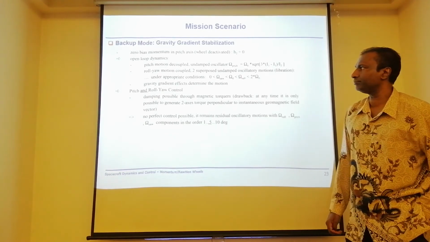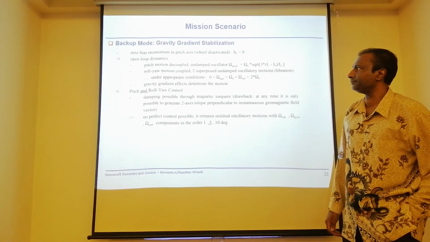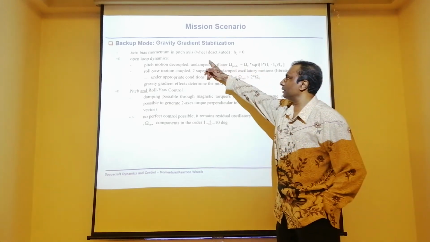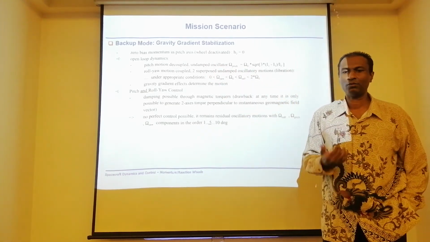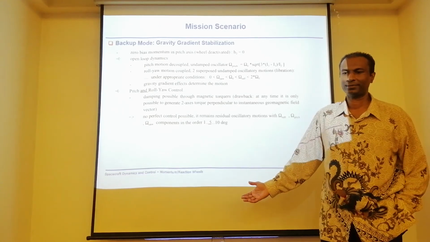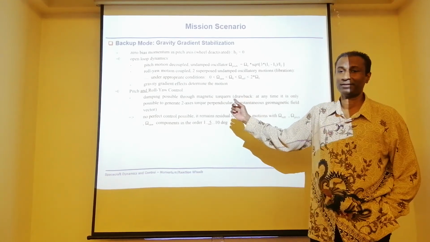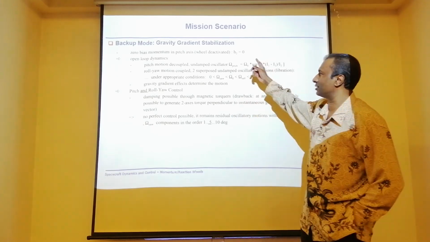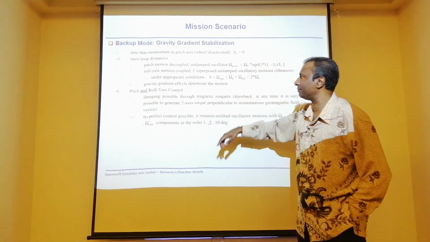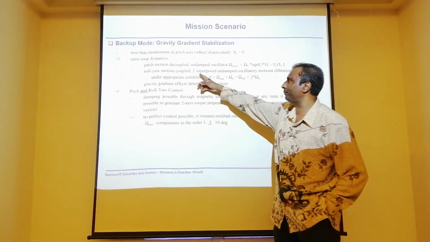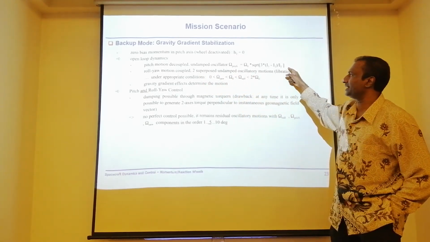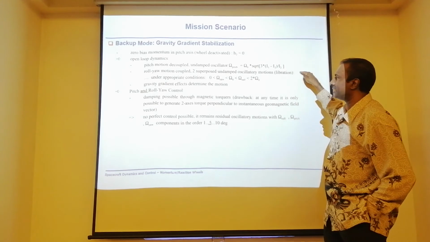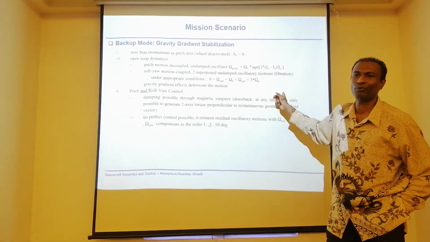Okay, the backup mode. Backup mode says that the wheel is deactivated, means the wheel is dead. There is no redundancy here. The wheel is dead. Open loop dynamics again will be decoupled. Pitch motion is decoupled, is undamped, and this goes back to your gravity gradient mode.